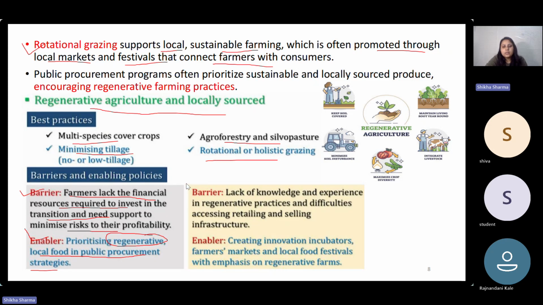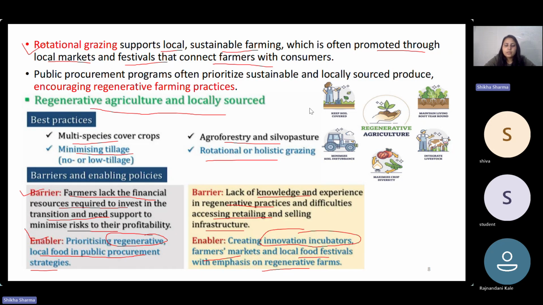And the second is farmers can have a lack of knowledge and experience in regenerative practices and difficulties accessing, retailing, and selling infrastructure. So the enabler is that innovation incubators can be created so that the farmers market and the local food festivals can be arranged with the emphasis on regenerative farms. So the farmer can easily shift.